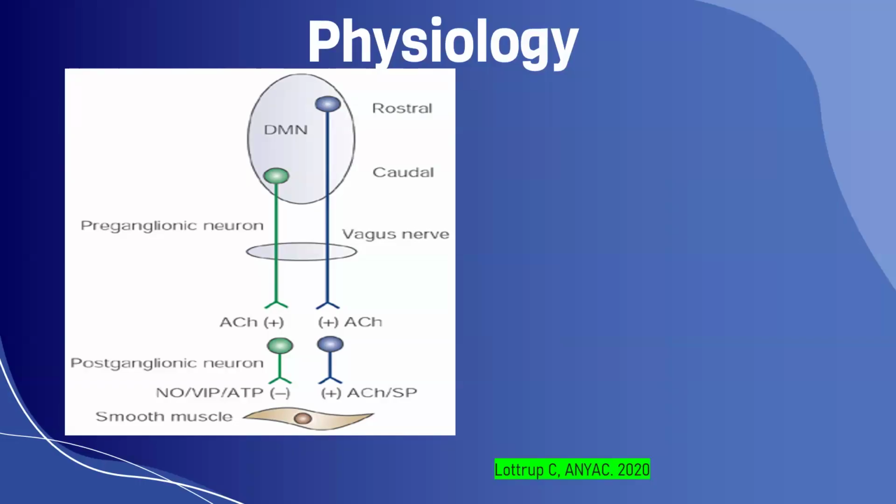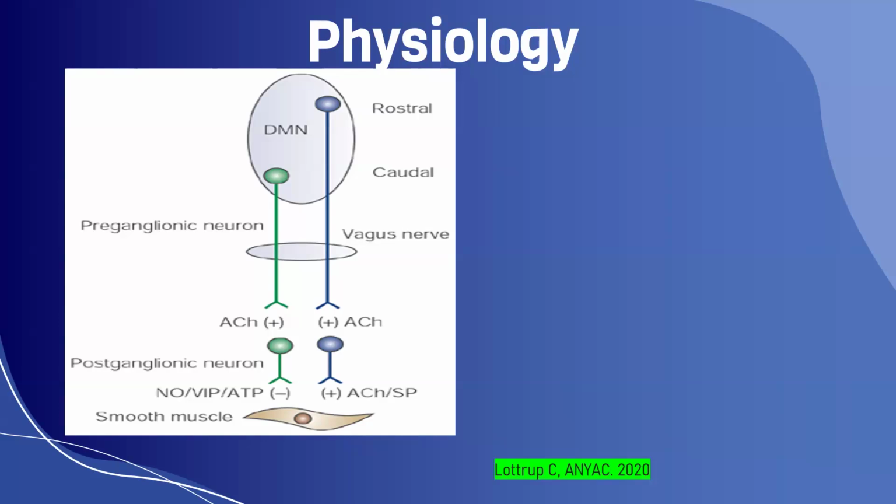The second set is called non-adrenergic, non-cholinergic, and they release a neurotransmitter. These neurons have been shown to contain vasoactive intestinal peptide (VIP) and neuronal nitric oxide synthase.